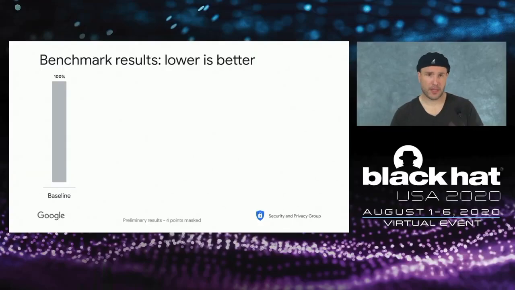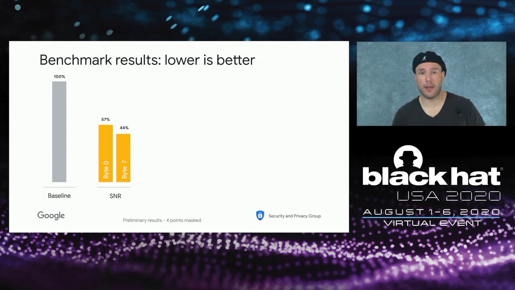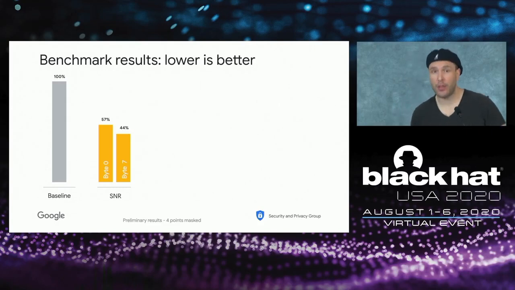So the baseline, as I mentioned, is 100% because we only kept correct predictions, and then we can look at each technique. The first thing we can look at is, as I said, signal to noise ratio, and in that case, on byte 0, the accuracy for 4 points drops to 57%, which means we have a 43% reduction.